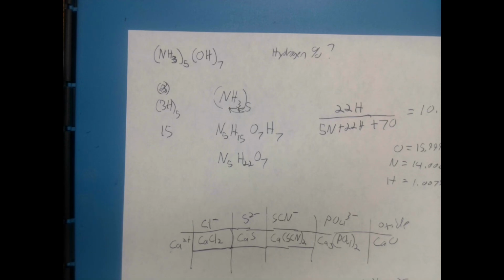How to name them, the rules. How to figure out if something contains a copper 2 ion. We did that with lead earlier. A question, what is the proper name of something? And then it gives multiple choice. So for the most part, everything's multiple choice.